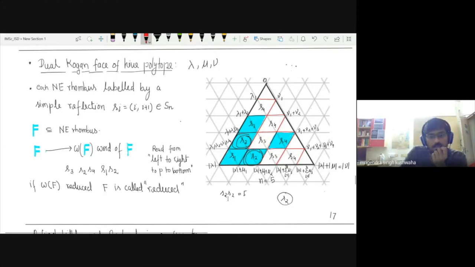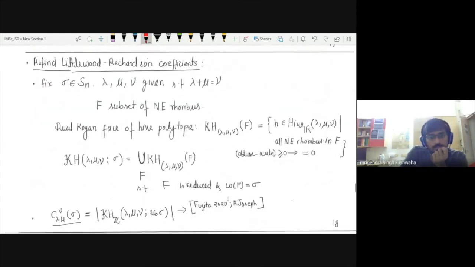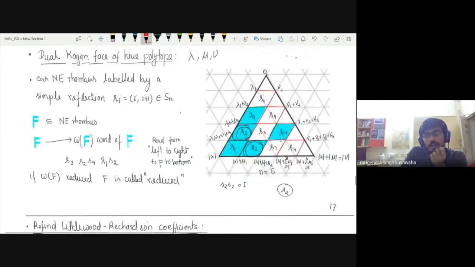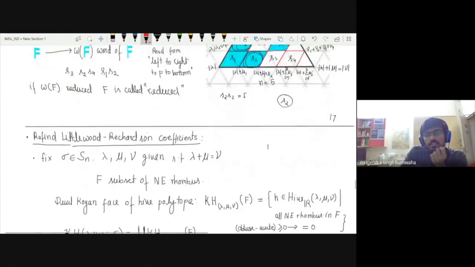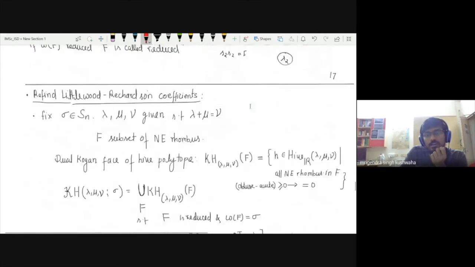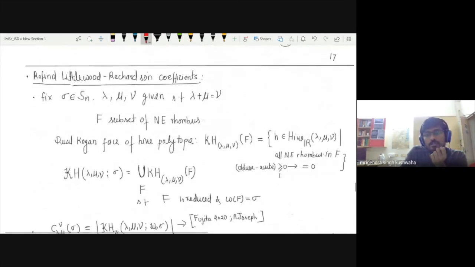So what I will do here is define the dual Kogan face of the Hive polytope. That means take all Hives. Now I am not taking the collection of all Hives; I will impose some condition on the northeast rhombi. Before, the northeast rhombus condition was inequalities like obtuse minus acute is greater than or equal to 0.